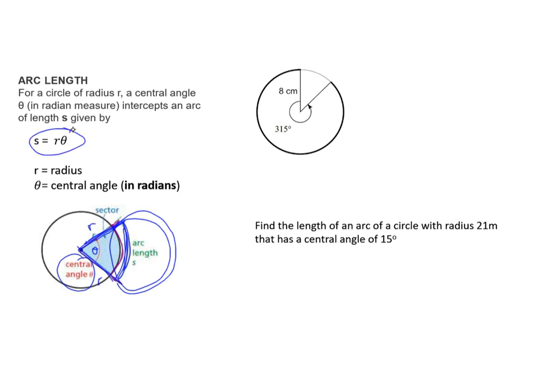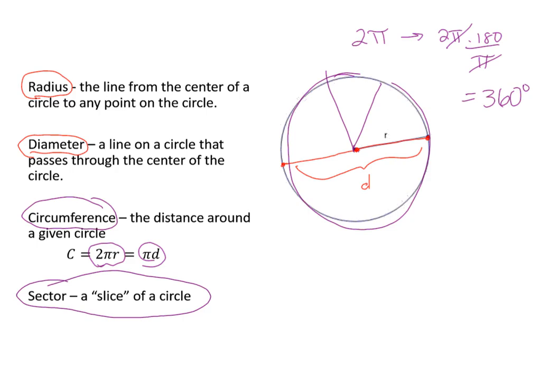Arc length, which they call little s, I don't know why, is just to take the radius and multiply it by that central angle. Whatever that measurement is, you multiply the radius by it, just like you did back here with circumference. Circumference is the distance around the whole thing, which would be 360 degrees or 2 pi.